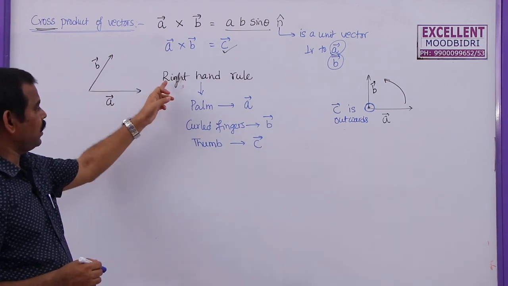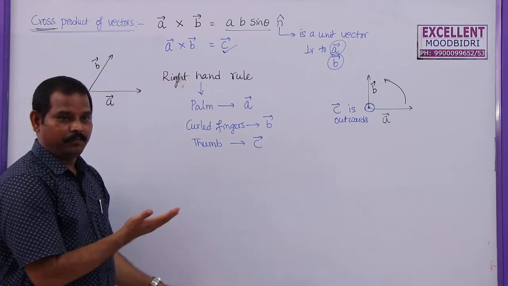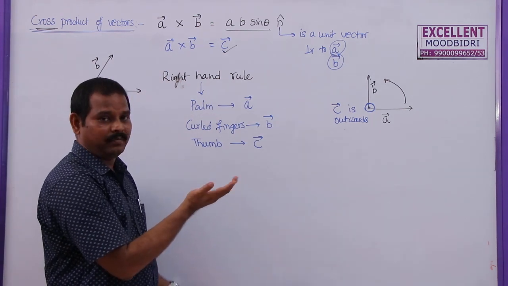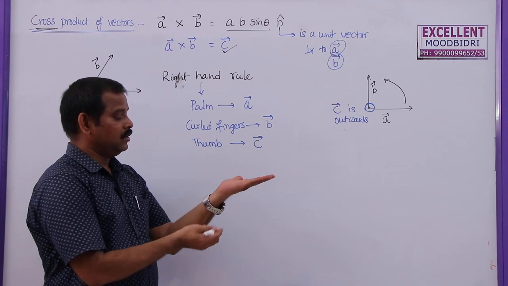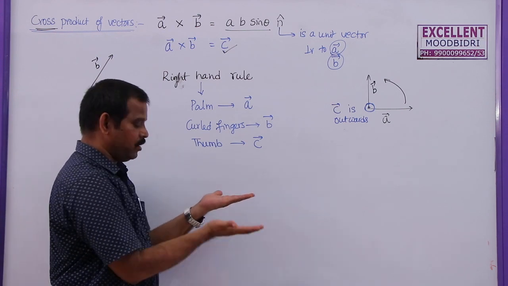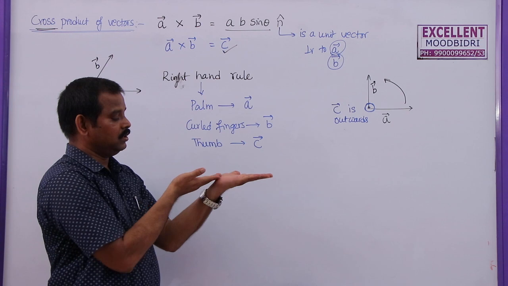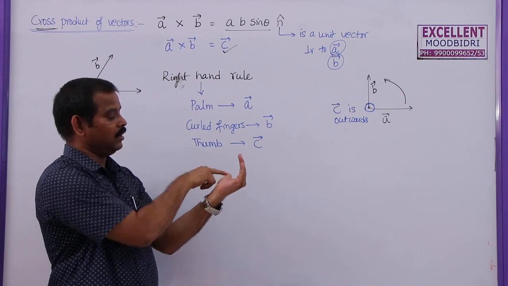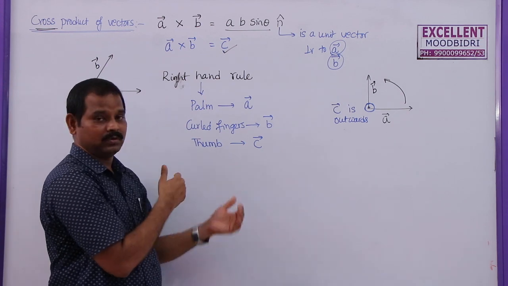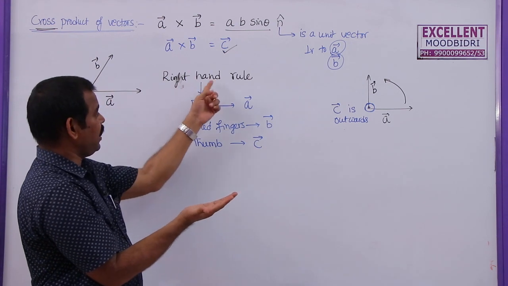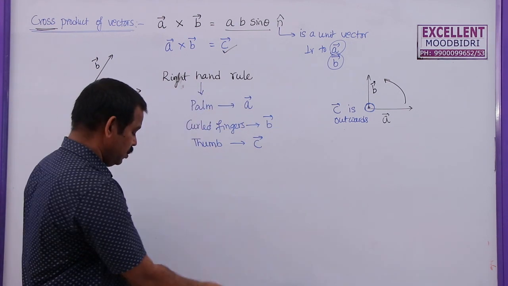So how to write right hand curl rule? If you keep your right palm, don't use the left palm. Otherwise, if you use the left hand here, this is the first vector, second vector, but C bar will be into the board. That's why this is known as right hand palm rule or right hand rule.